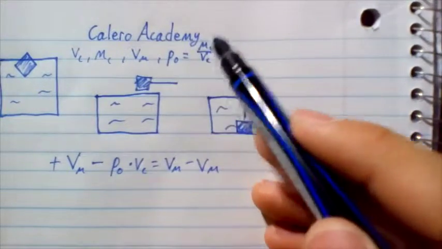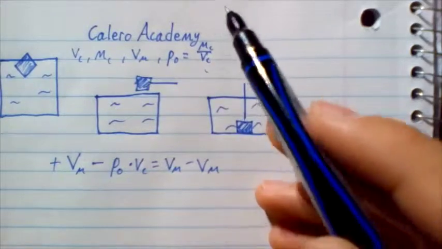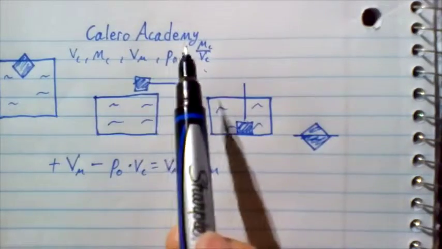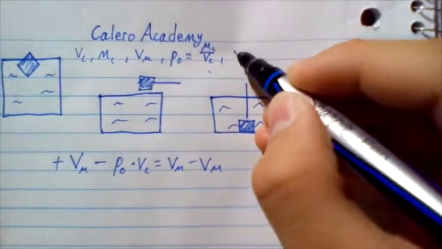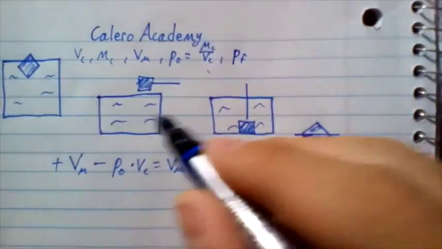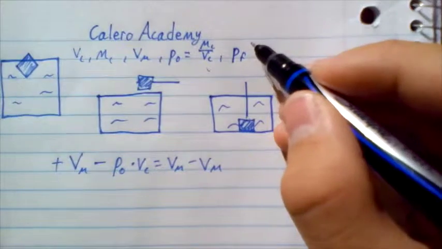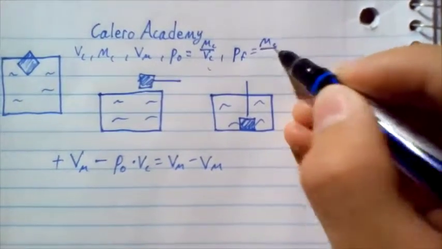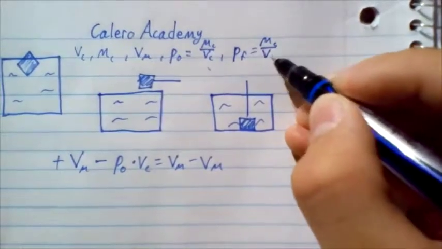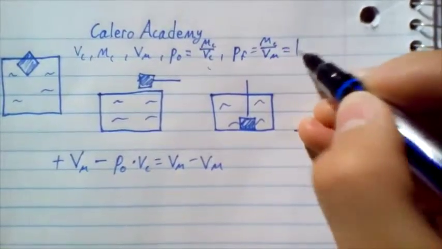And we can see that after we plug in some numbers. Because rho sub o is equal to M sub c over V sub c. And also, of course, if we look at the final density of water, the density of water we define to be M sub c over V sub m, which will equal 1.